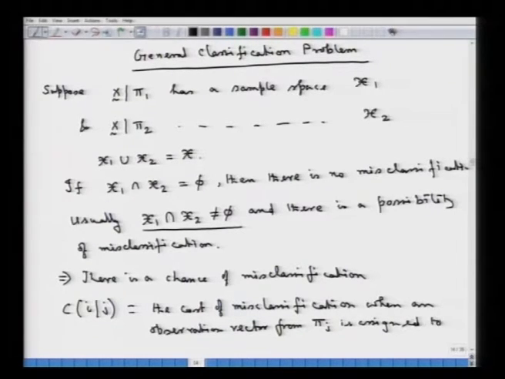Now, since Cij is the cost of misclassifying an object coming from pi j into the pi i population, if we look at Cii, there is actually no cost of misclassification, because the object is coming from i and is being classified by the classifier into the ith population.